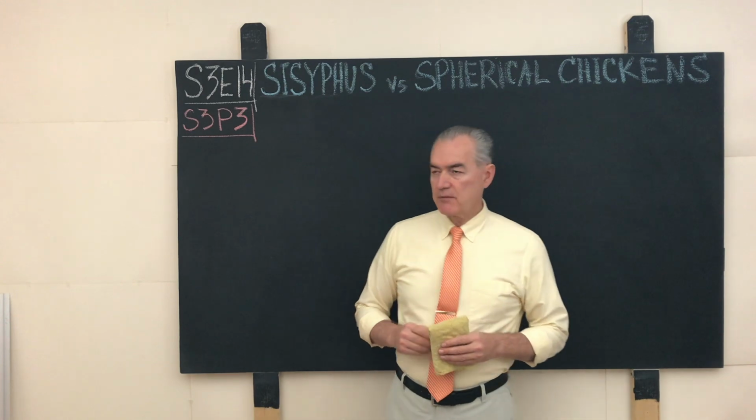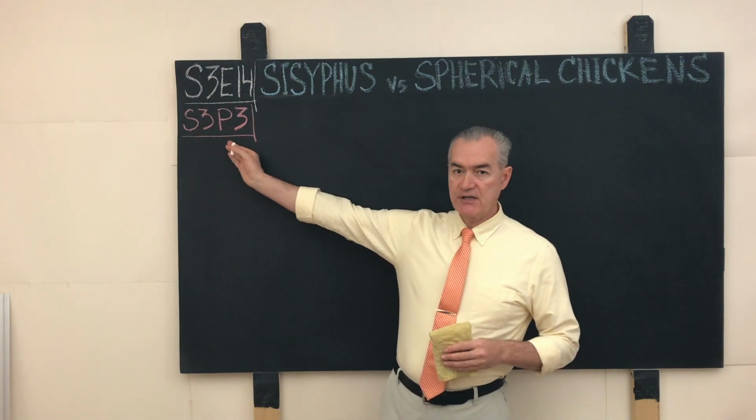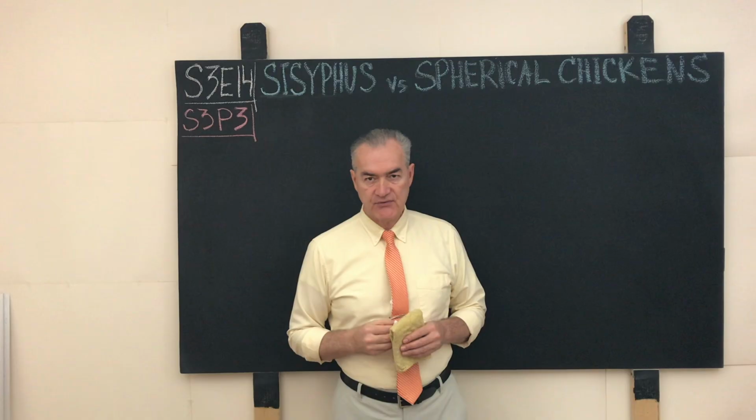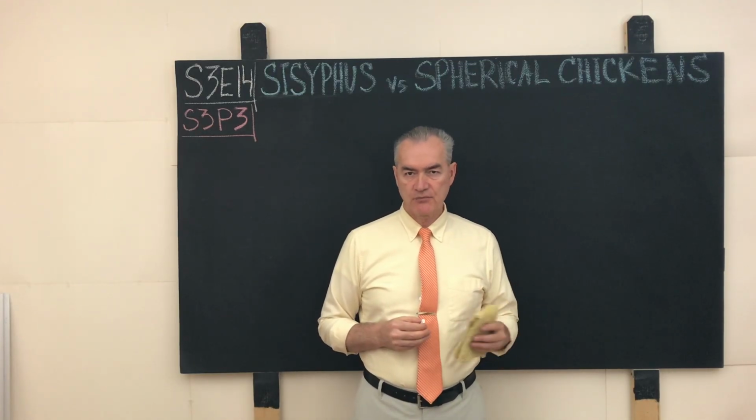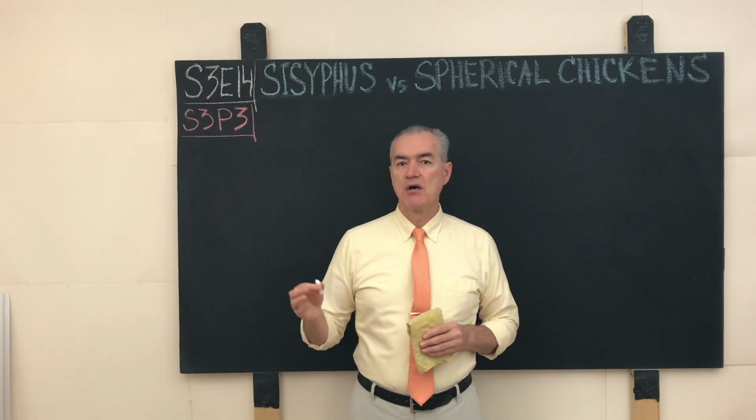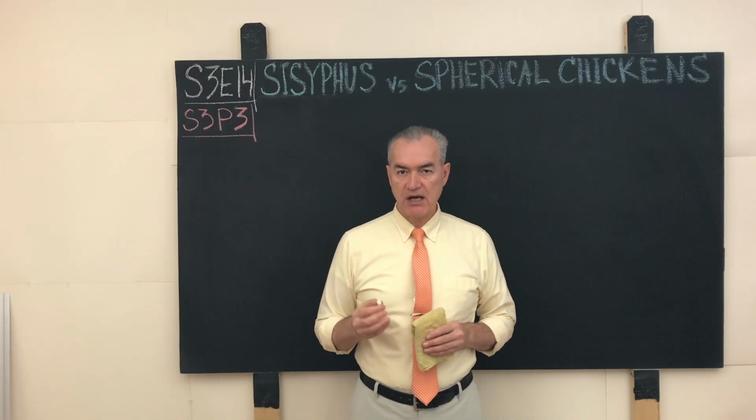In the physics problem S3E14, we're given two massive objects, a massive sphere, which is a hollow object, and a massive ball, which is a solid object.